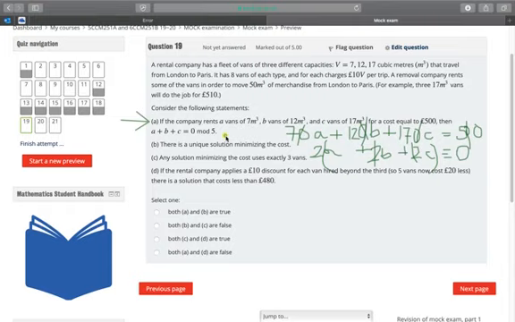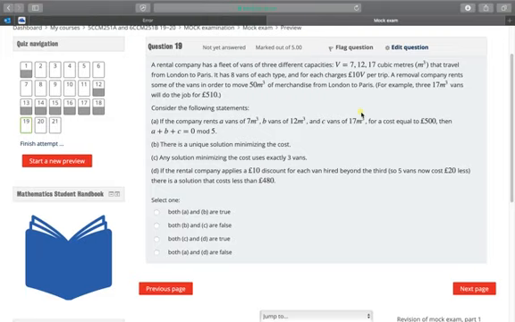So let's start with the biggest number here, the 17. I think I can get rid of all this now. First of all, let's suppose we have one of those. Maybe I'll do a table here: A, B, and C. Let's suppose we have one van of size 17.